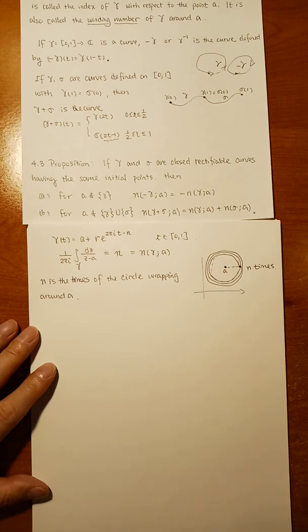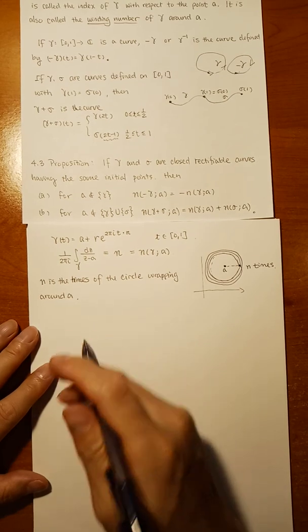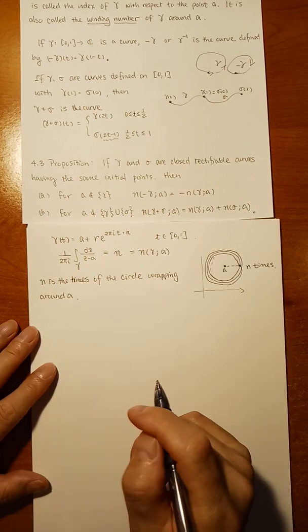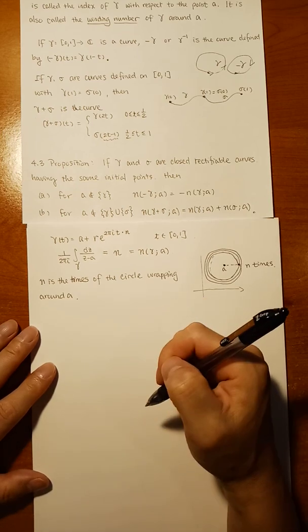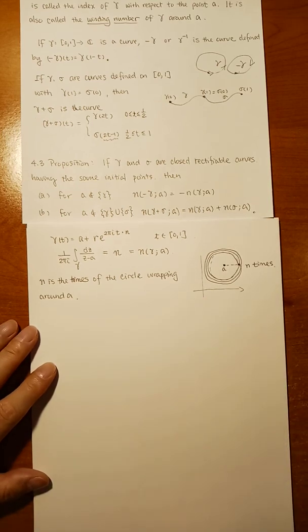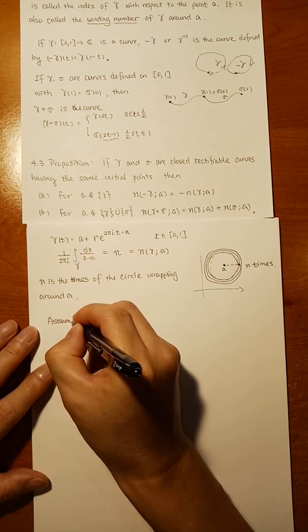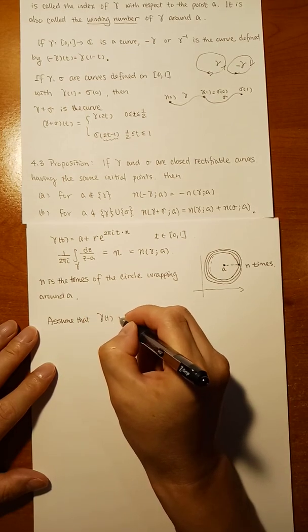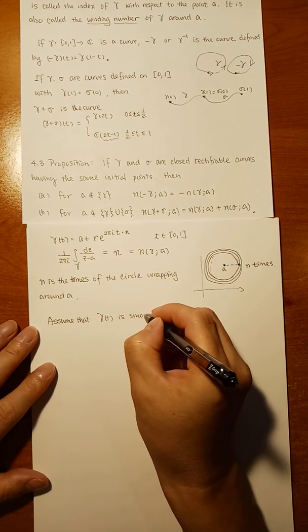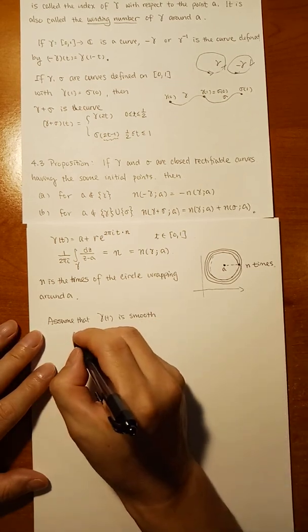And in the book, they gave another imprecise argument about this winding number. Assume that gamma of t is smooth.